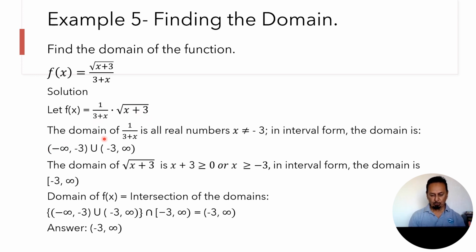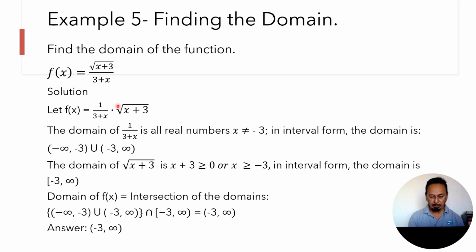We'll first find the domain of the rational function. 1 over 3 plus x is all real numbers except x not equal to minus 3. Why? Because if I put minus 3 here, it will become 0 and 1 over 0 is undefined. In interval form, the domain is minus infinity to minus 3 union minus 3 to infinity.